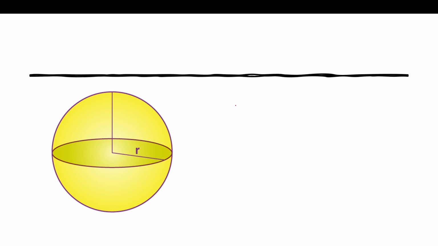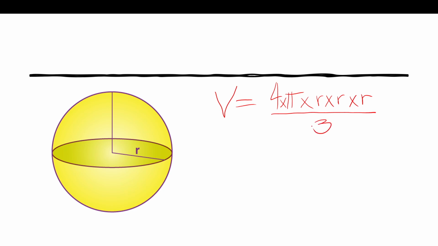We have the sphere. So, si sphere, formula niya is 4 times pi times radius times radius times radius, divided by 3.